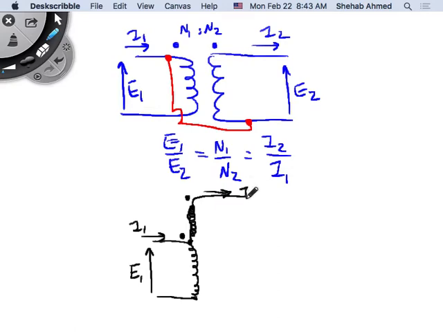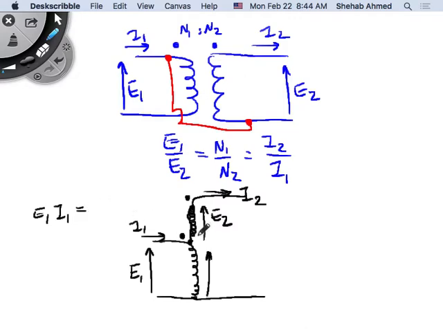So this is still some other I2, right? And this is E1, and this is E2, same. I mean, it cannot change. I just took this same transformer and I did this, right? But what do I have at the output side? From a voltage perspective, on the input side I have E1, I1.